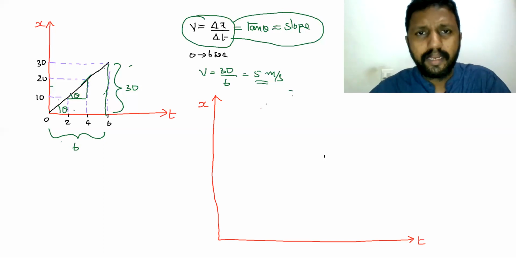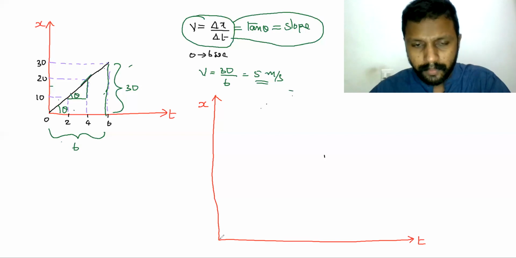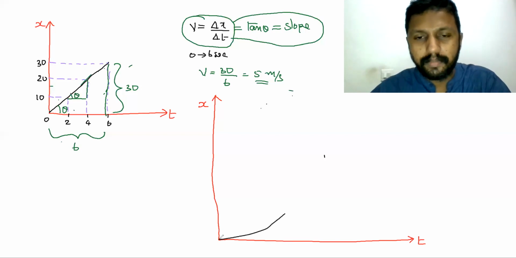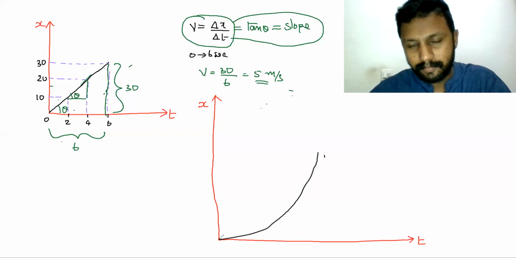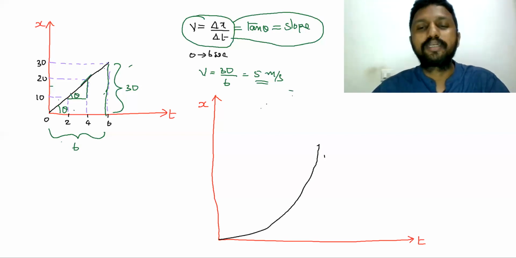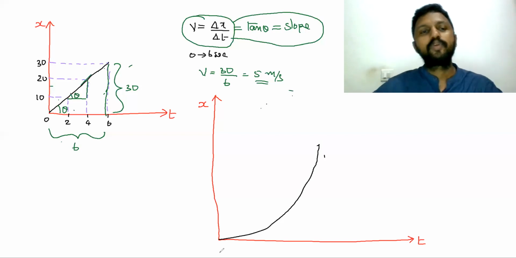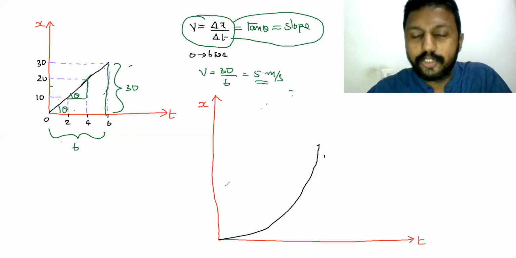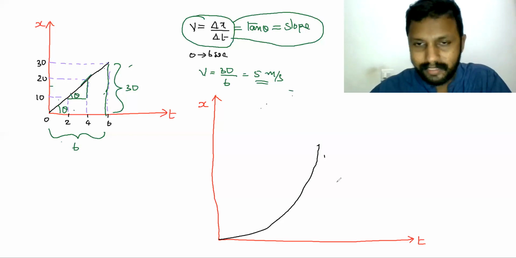Now in this particular situation, let us have our displacement time graph like this. Is this a straight line? Now you could clearly see it is not a straight line.